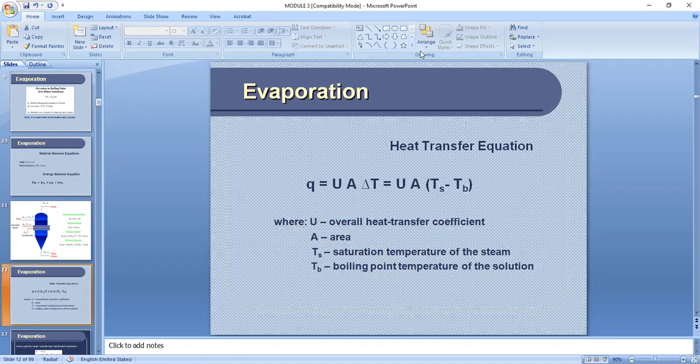This is the part where the boiling point of the solution is very important. It's taken from the Duhring's chart if there is a corresponding boiling point elevation or rise.